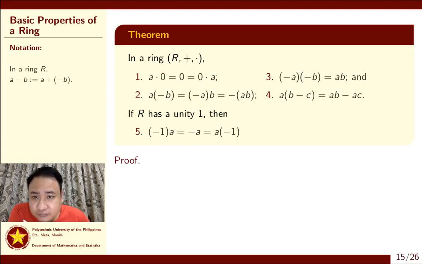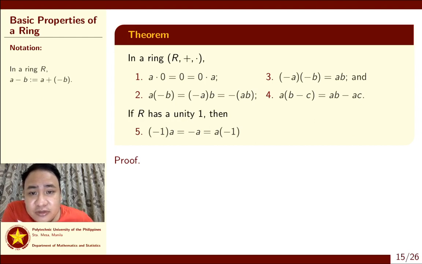So, dapat yung A times B minus C mag-equal din sa AB minus AC. Parang distributive property lang ito, pero instead of addition na nandun sa gitna, subtraction. Tawagin natin subtraction. Okay?